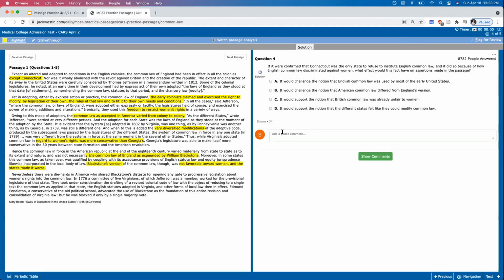Okay, number 4. What do you guys think about this? So if Connecticut was the only state to refuse the English common law, what would this impact?